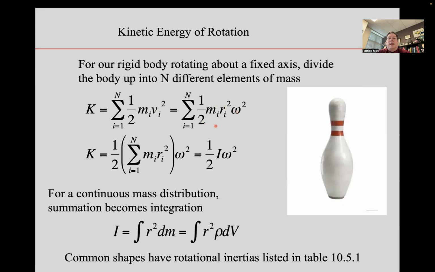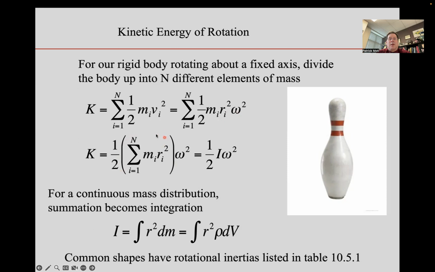So for the kinetic energy of rotation, I have a bit that depends upon how the mass is laid out relative to the rotation axis, and I have a bit that's the same for the entire body, the omega. So I can factor that into a half, this summation over how the mass is laid out relative to the rotation axis, and then the angular speed squared.